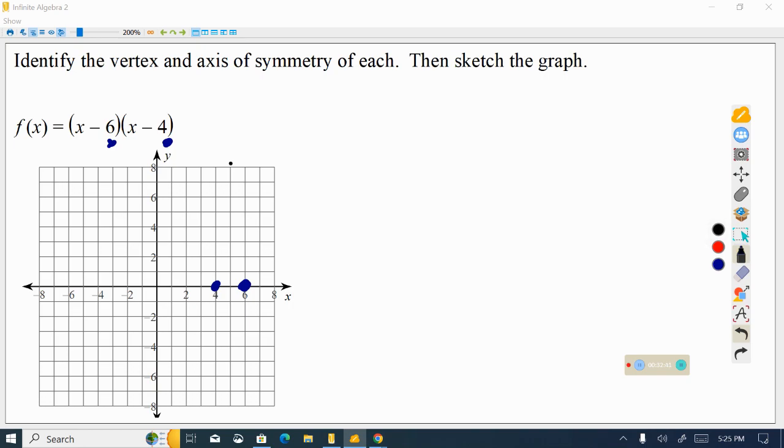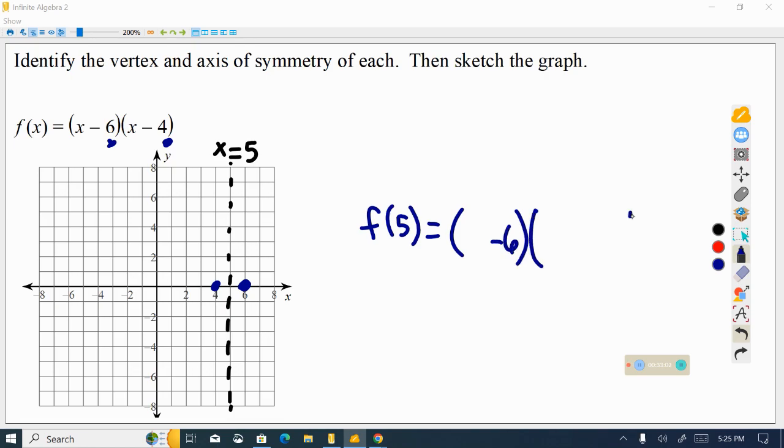I know that my axis of symmetry is going to be halfway between them, and that's the line x equals 5. I know that I'm going to have to calculate f of 5 so that I can get where I put the vertex. So let's go do that calculation. So that means again I have x minus 6, and then I have x minus 4, and the number I'm plugging in for x is 5.